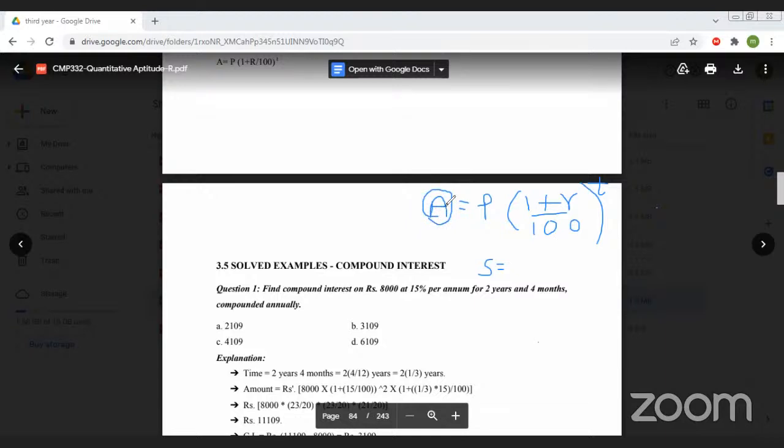After that, you have to do A minus P. Then you are going to get your compound interest.